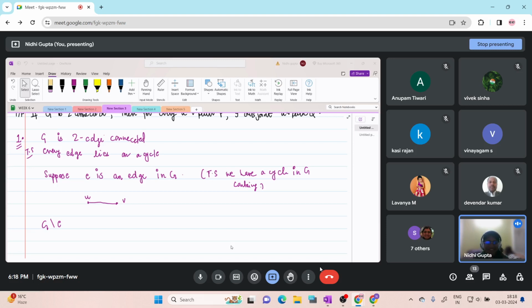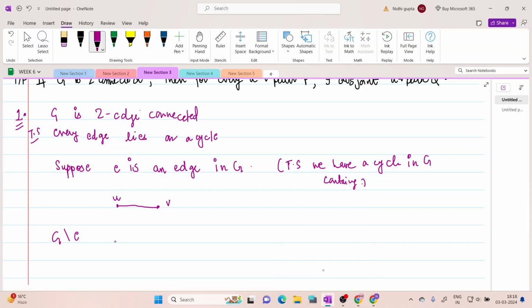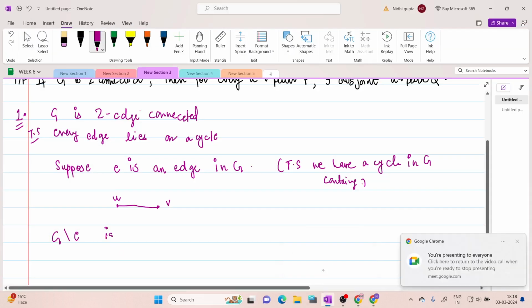We are given that G is a 2 edge connected graph. It is connected, ma'am. Yes, because what is the definition of 2 edge connectedness? If we remove one edge, then the graph remains connected. So we have that G minus e is connected.